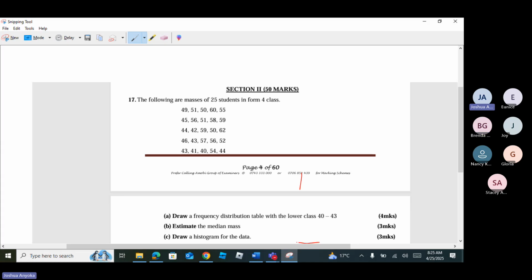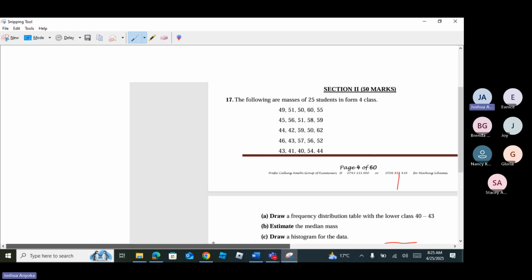Well, so we are given the masses and the first question is to develop a frequency distribution table for the data. I don't know how you do it, but at times we do it mechanically. There's no proper formula for doing the same.